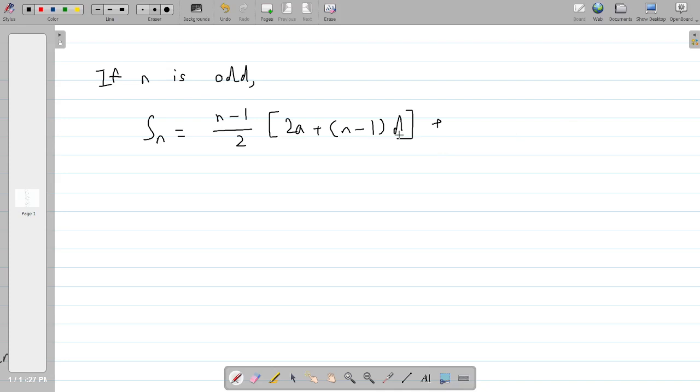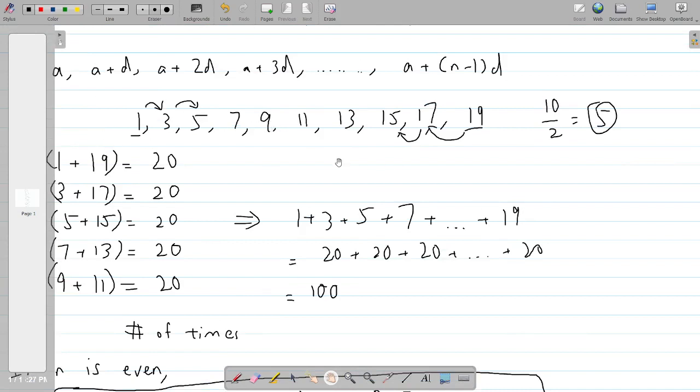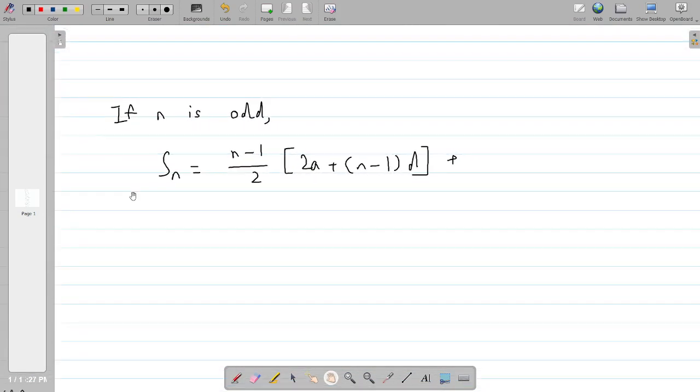Now, what exactly is that term? Well, that term is going to be the middle term, because if we notice the pattern here, when there's an even number of terms, when we approach the middle, there's nothing in the direct center. But for example, let's say we took the first 7 odd numbers: 1, 3, 5, 7, 9, 11, 13.